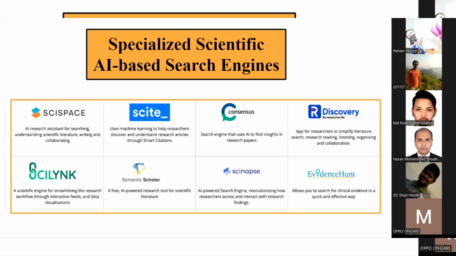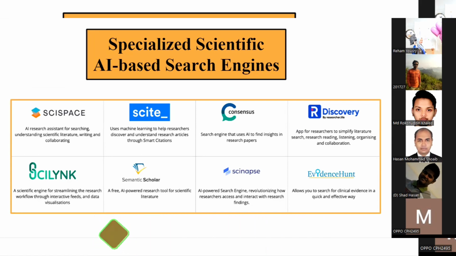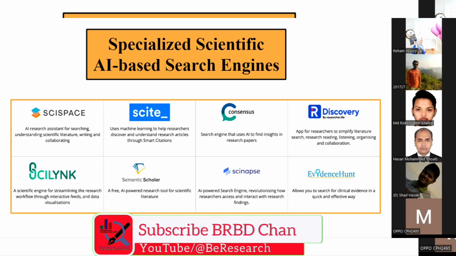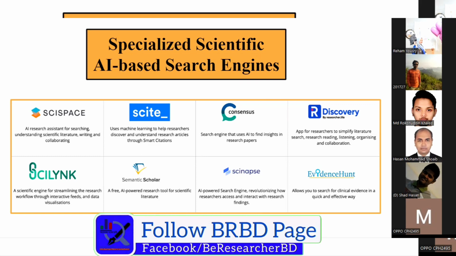There are many other AI-based search engines relevant to Scyspace. Scyspace, I must tell you, is free, freemium, premium. You can use it for free as a tool for particular searches. It's not totally free for the upgraded version.